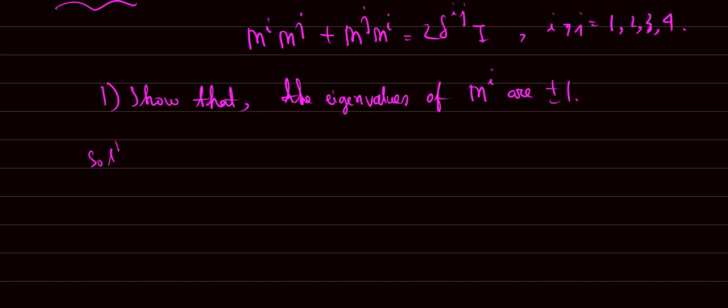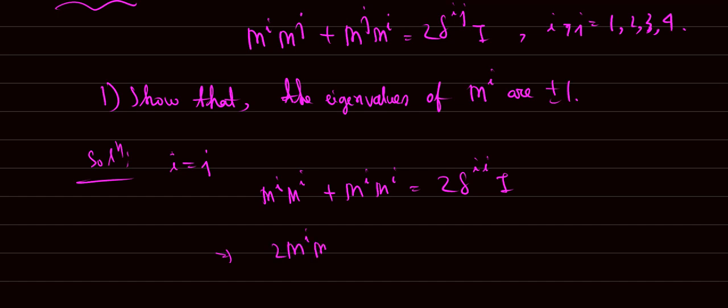So let's say i equals j. Then from the given equation we find this is 2 M_i, and the Kronecker delta delta_ii is 1, so this is 2I. So M_i into M_i would be the identity matrix.